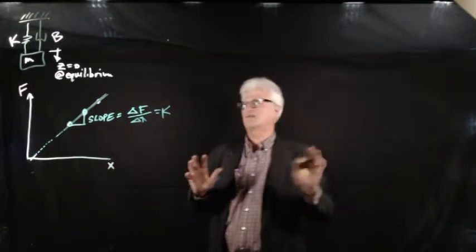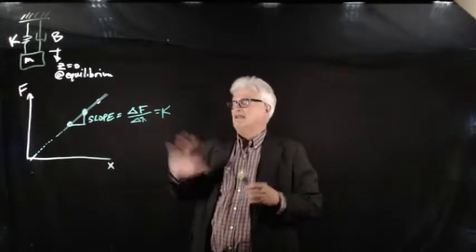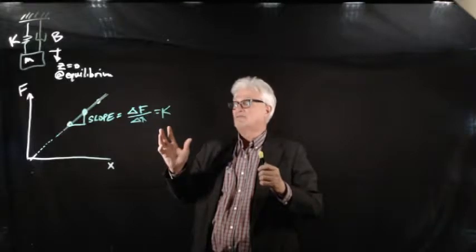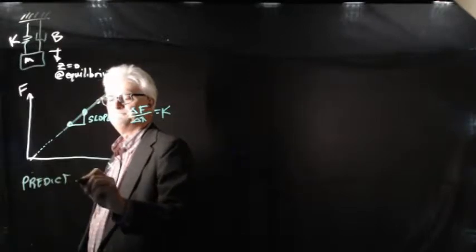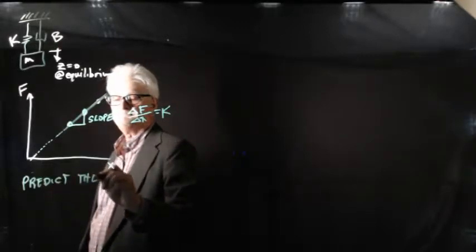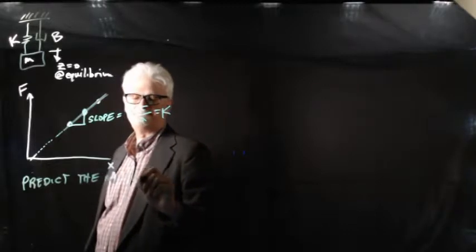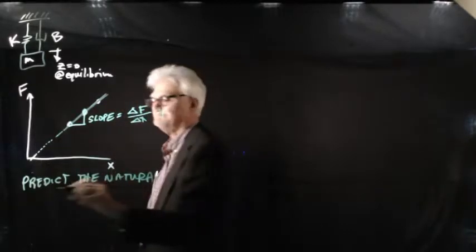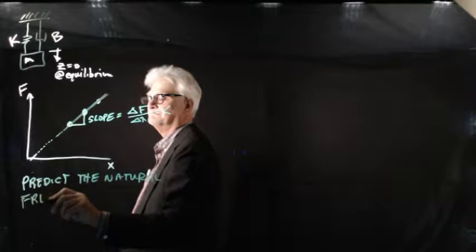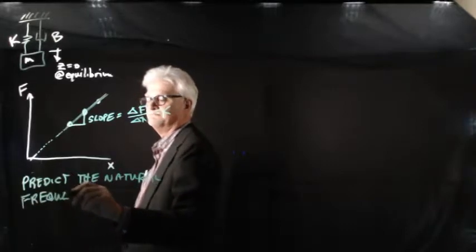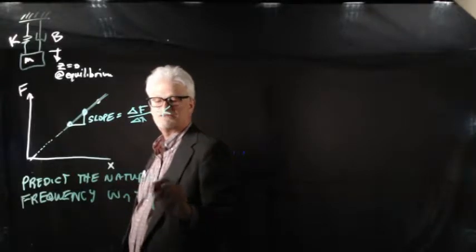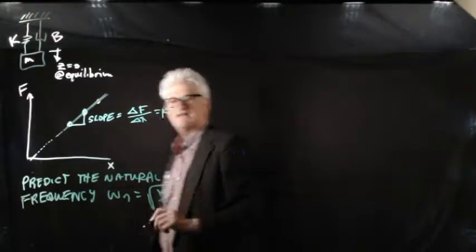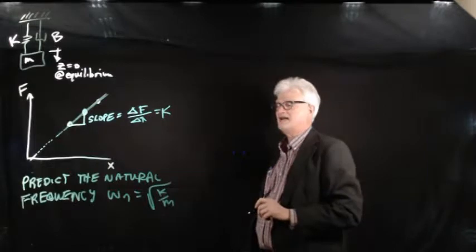And once we find it experimentally, then we should be able to predict the natural frequency. Omega n is equal to the square root of K over M. And hopefully we'll be able to find that clearly enough.